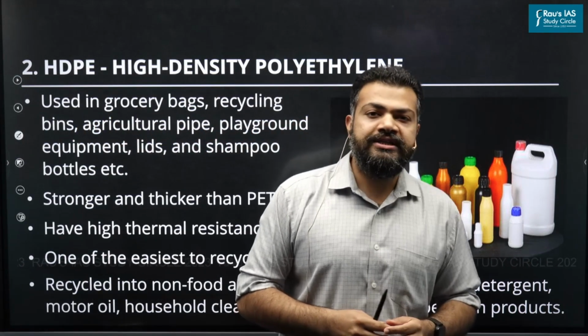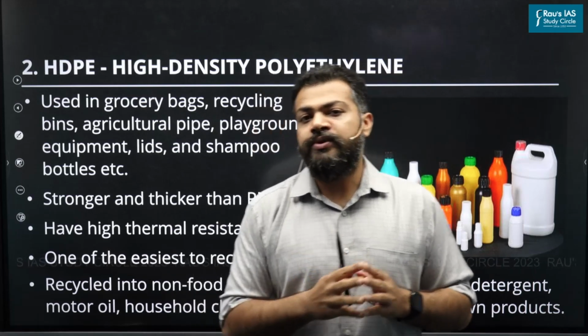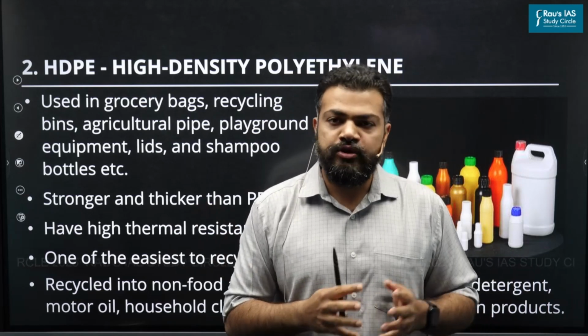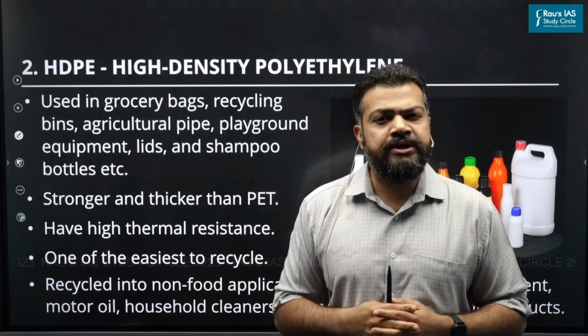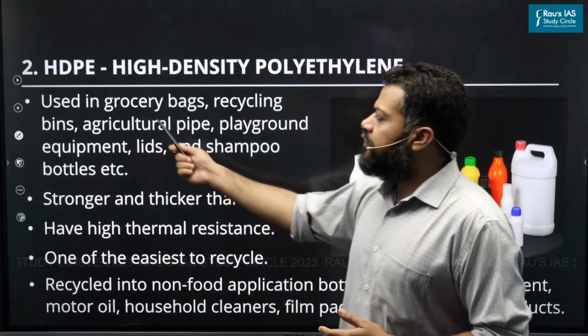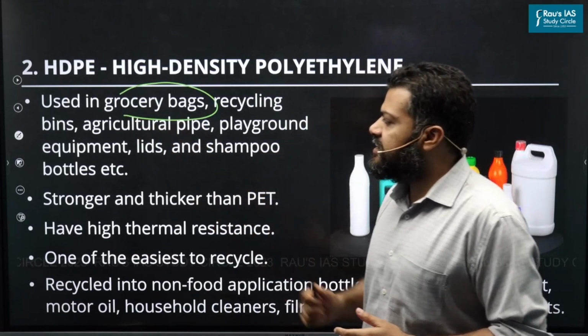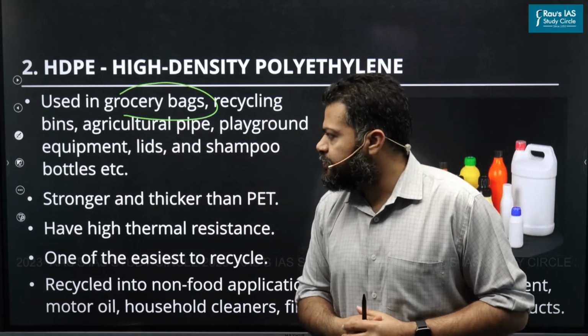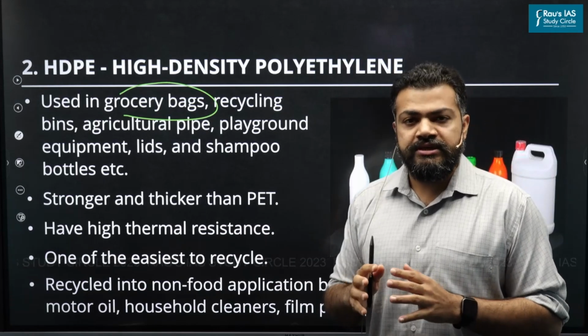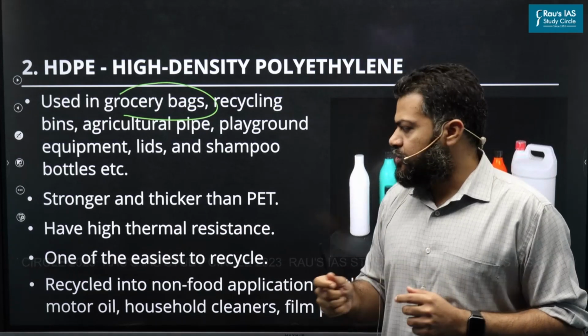Then the next type of plastic we have is called high density polyethylene. High density polyethylene is another very popular type of plastic. After PET, high density polyethylene is also quite popular. Not the second most popular, but the third most popular plastic around us. It is often used in making grocery bags, recycling bins, agricultural pipes, playground equipment, lids, and shampoo bottles.